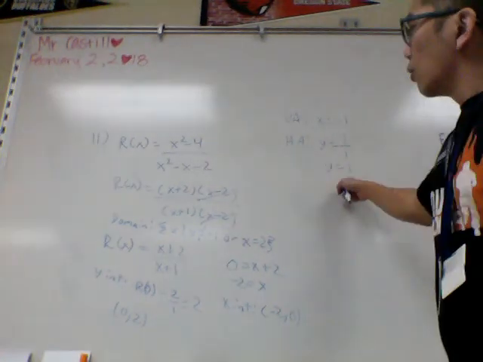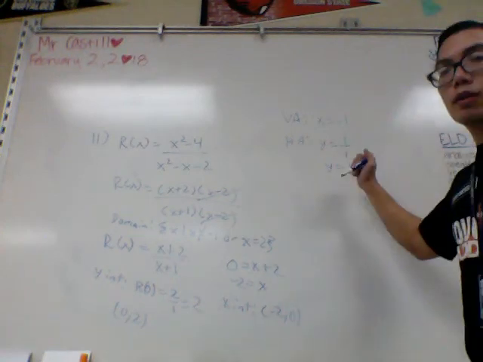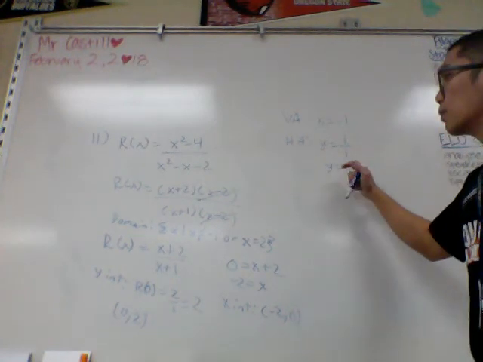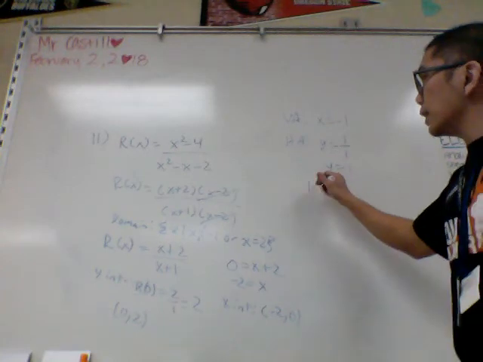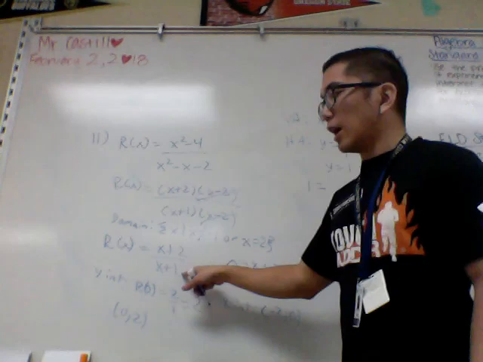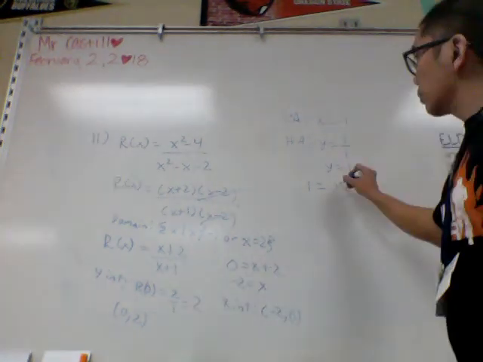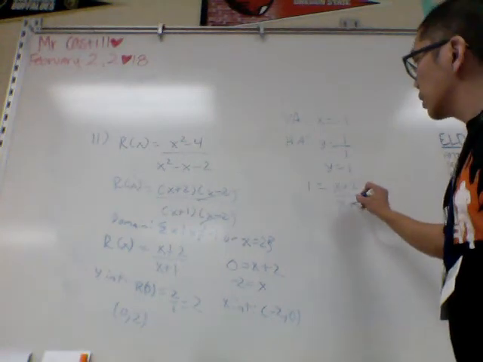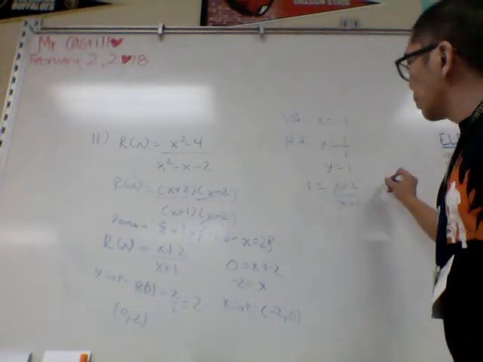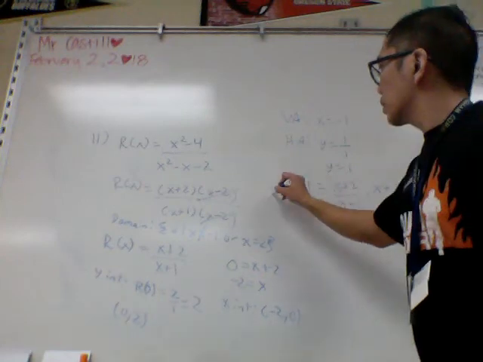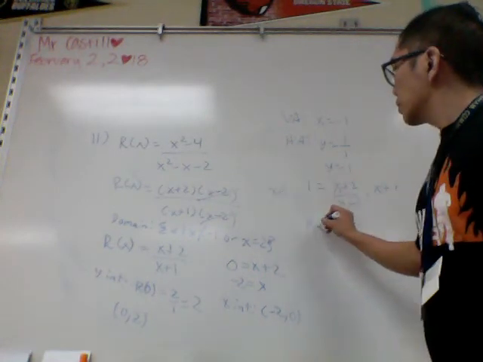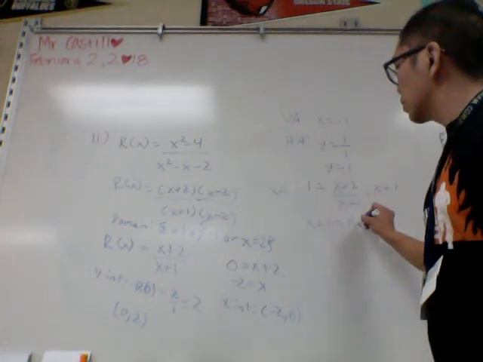Now, remember, you have to see whether you cross the horizontal asymptote. So what I'm going to do is make 1 equal to the rational function, x plus 2 over x plus 1. I multiply both sides by x plus 1, and I get x plus 1 equals x plus 2.